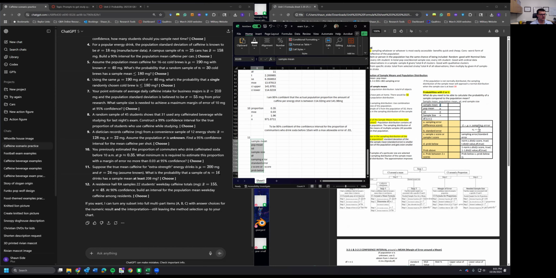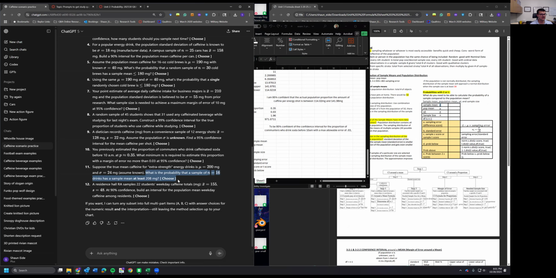Then coming right down here is where we finally see the sample mean. So where do we see the sample mean? Right here. What is the probability of a sample of 16 drinks having a sample mean of at least 208 milligrams? So they're saying 208 milligrams or more.